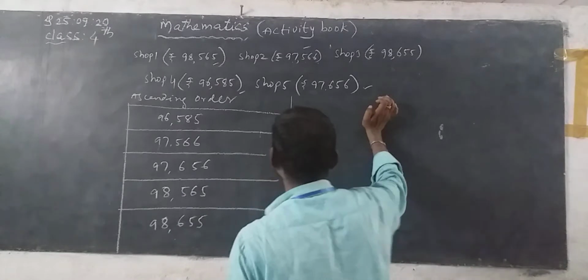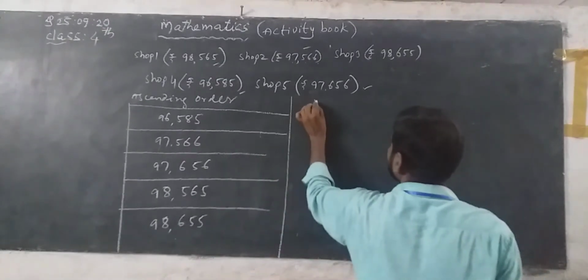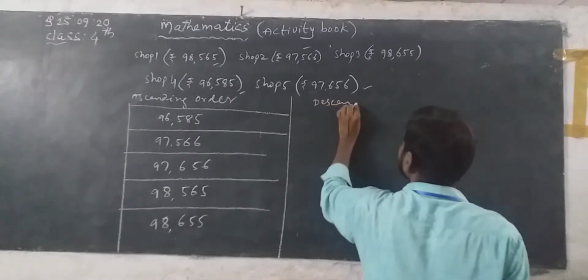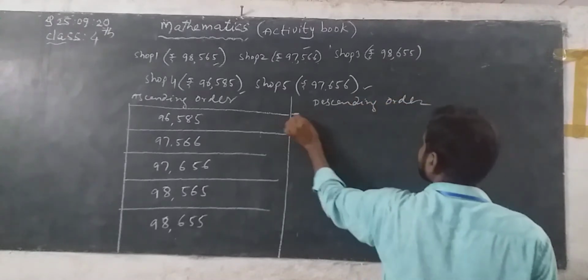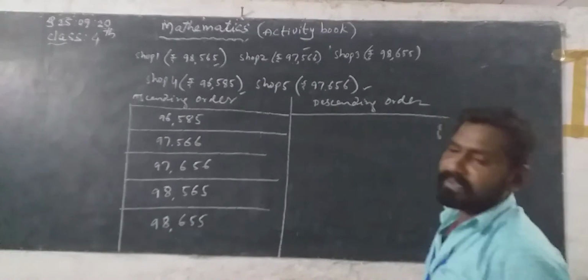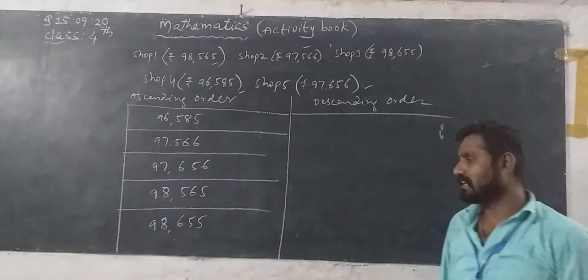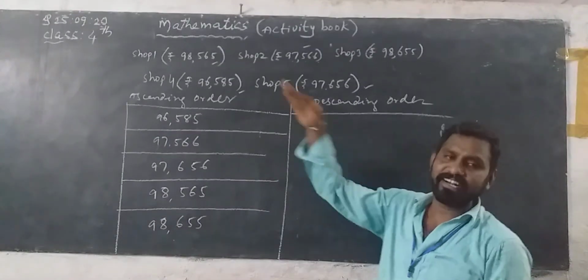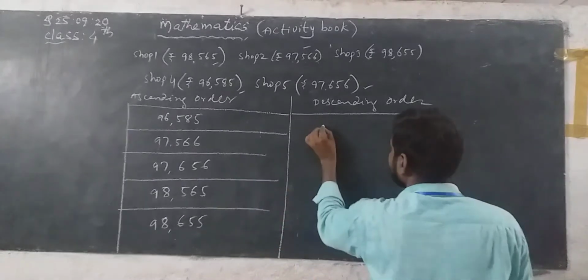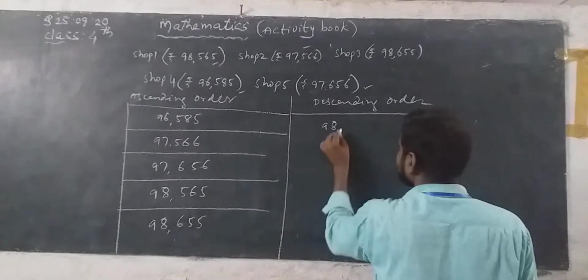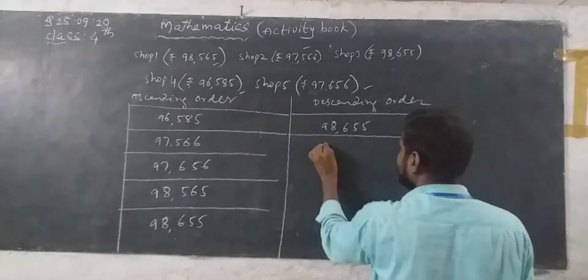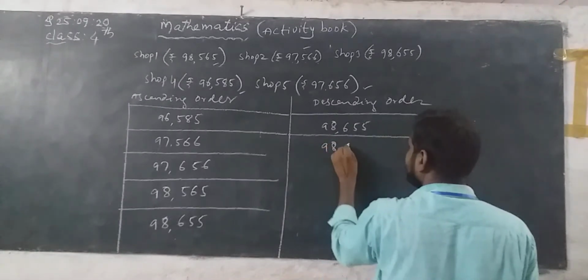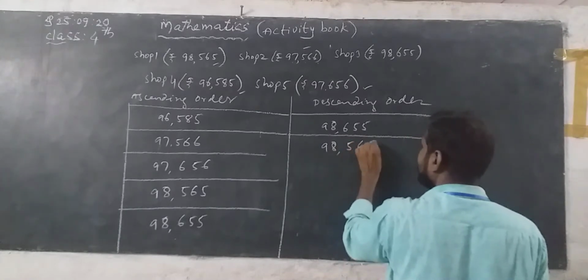So now next, the remaining one, shop 3 amount, you can write here 98,655. Now next, this side, descending order. Descending order means arranging the numbers from largest to smallest. Here it is given, you can write directly. First 98,655. Next, 98,565.